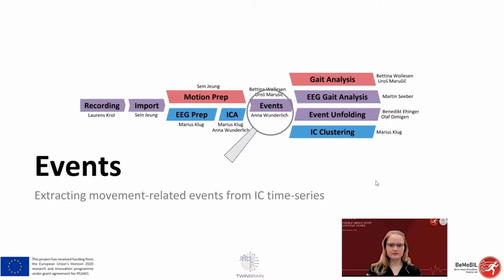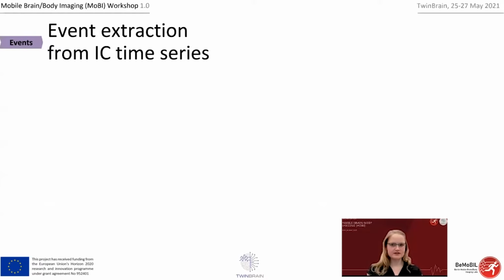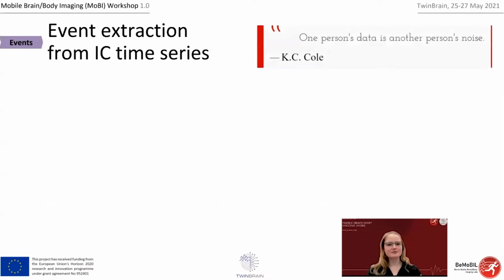And why are we doing this? Because one person's data is another person's noise. That's the original one. But I would rather say one person's noise is another person's data. Because we can make sense out of things that we record by accident.